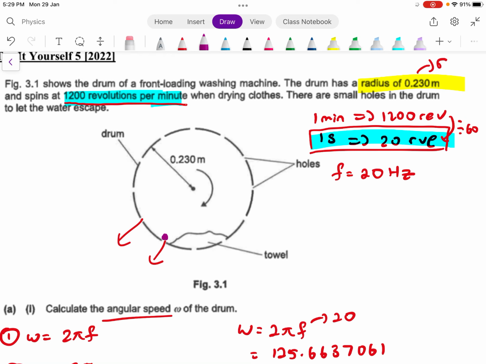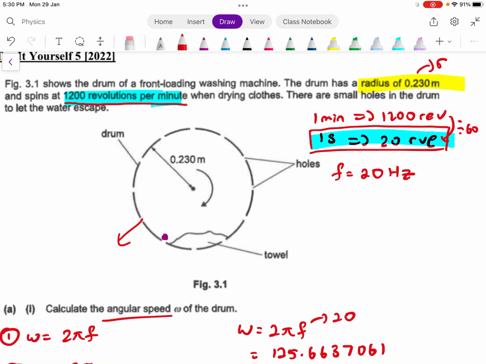When the water particle is at the holes, obviously there shouldn't be any normal contact force, because in order to have normal contact force, you must have some wall or solid to provide it. Since there's no normal contact force, the water molecule is not able to provide the centripetal force. So there's no centripetal force, which means it will not undergo circular motion.